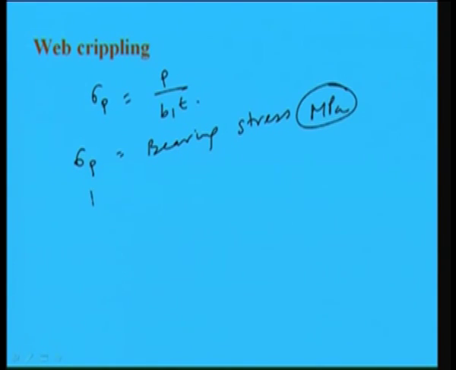Now, here we can say that sigma P, which we are going to develop, is P by B1 into T. So, sigma P we can write as the bearing stress, right, and this can be found in MPa if P is the concentrated load or reaction.